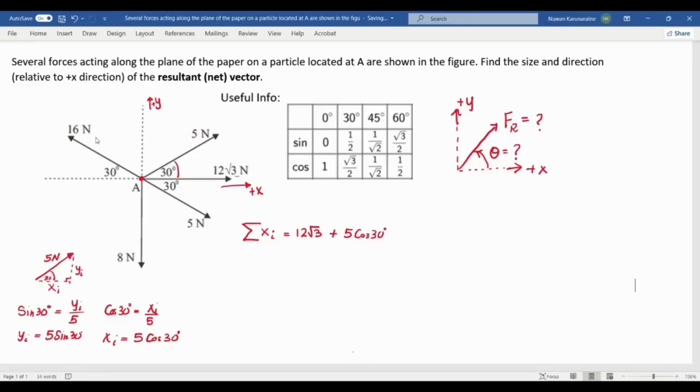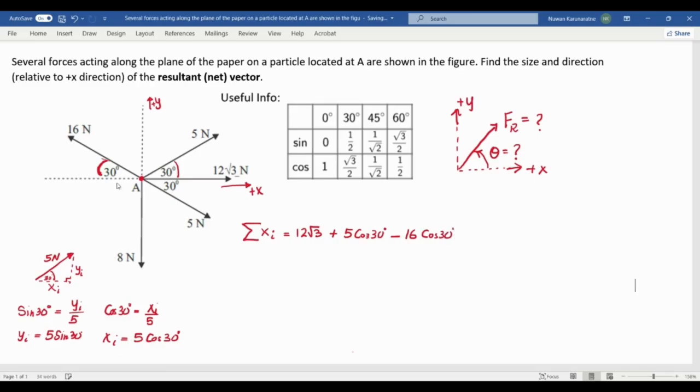And then I'm going to 16 newtons, which is in the second quadrant. You can see that's going to have an x component in the negative direction. So as a result, I'm going to write negative 16, and that's similar to the previous one, cosine 30 degrees.